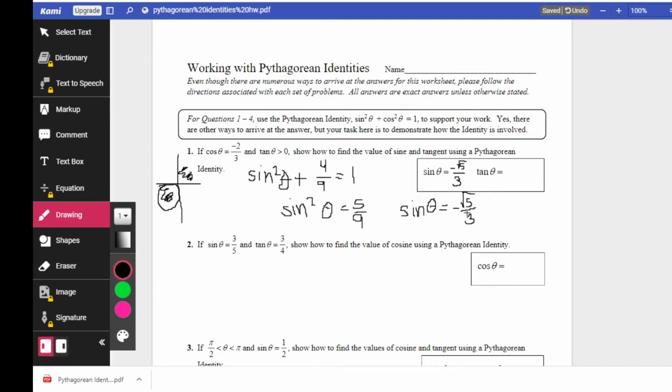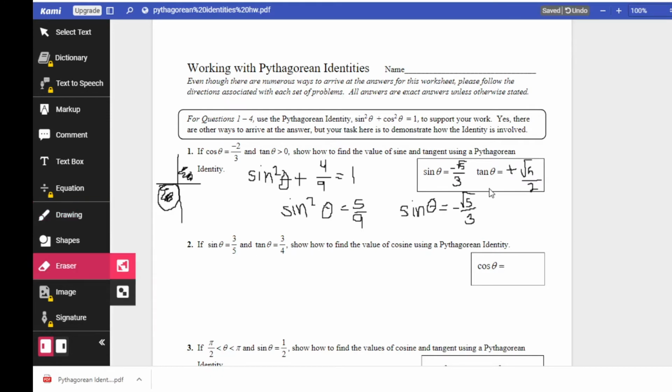So that's -√5/3 over -2/3. So the denominators cancel out, they divide out. So we get -√5 over -2, which is just positive √5/2.